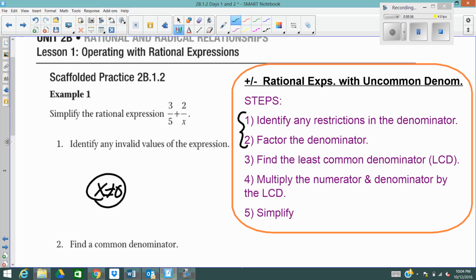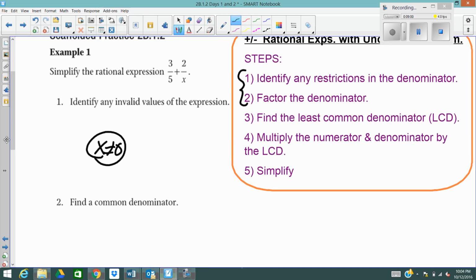So now we're going to find the common denominator. I don't have anything here that factors. So for my common denominator, I need a 5 because the fraction on the left has a 5, and I need an x because the fraction on the right has an x.